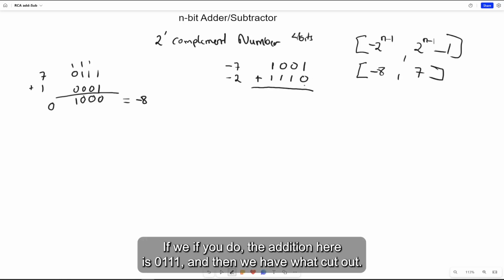If you do the addition, it is 0111, and then we have a carry out.